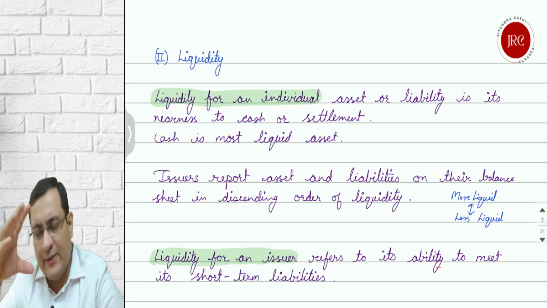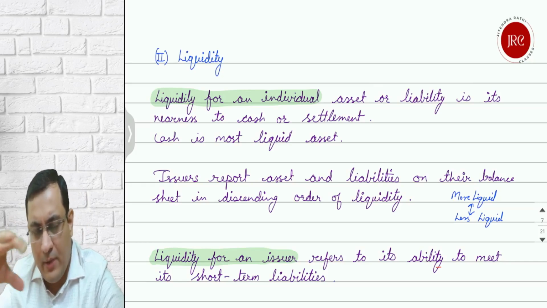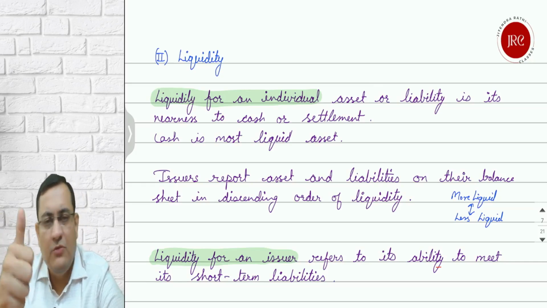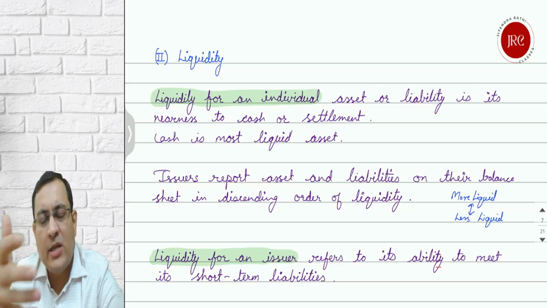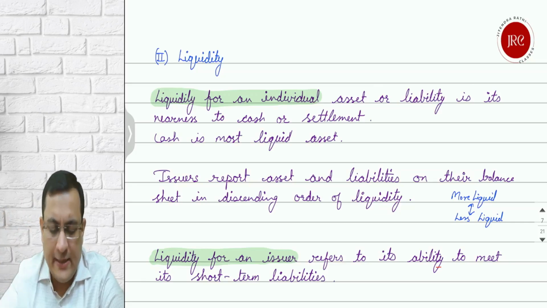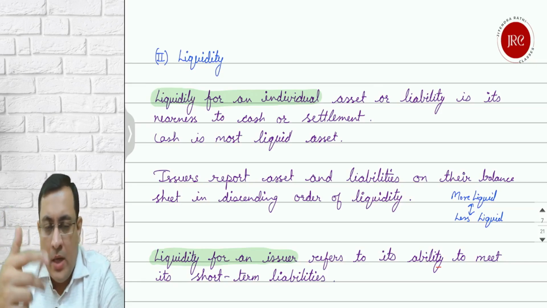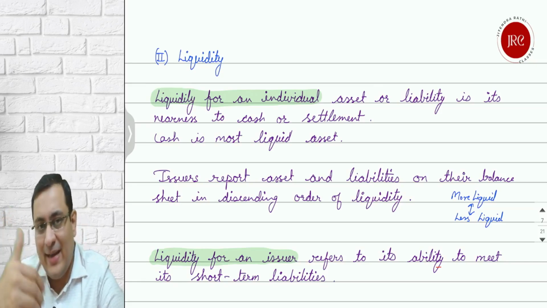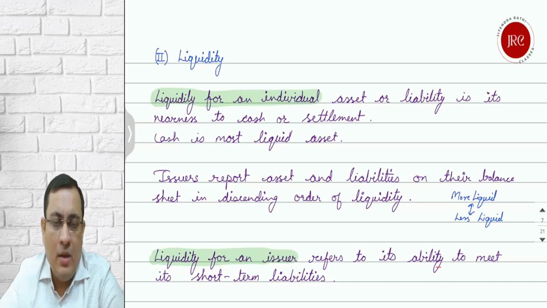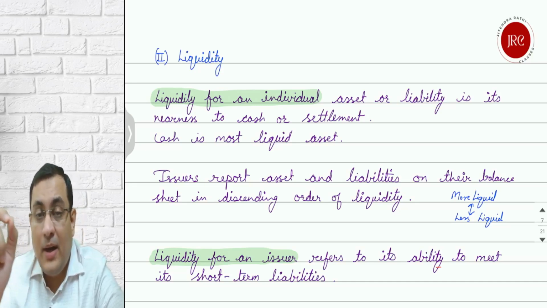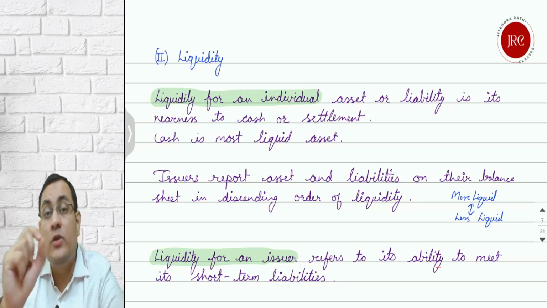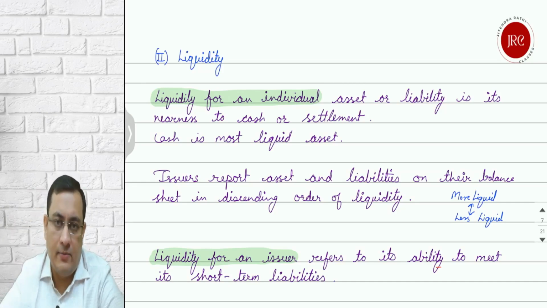If we classify different types of assets from our balance sheet, the first one is cash itself. Cash is the ultimate liquid asset. It is already in the form of cash, so it's the most liquid asset. Next, the next liquid asset will be your short-term marketable securities. They are generally treated as cash equivalent. Why?